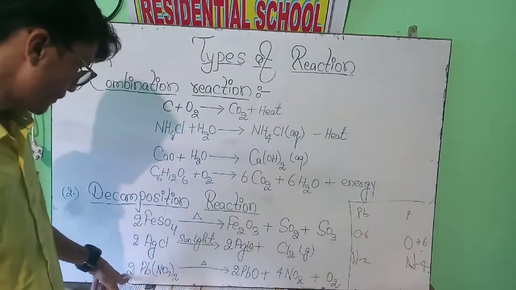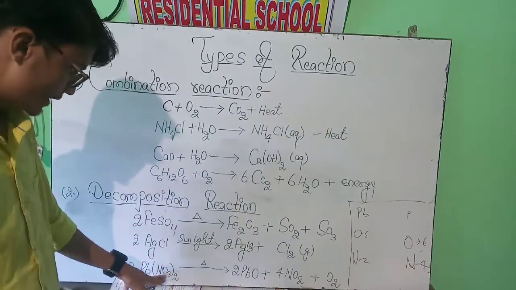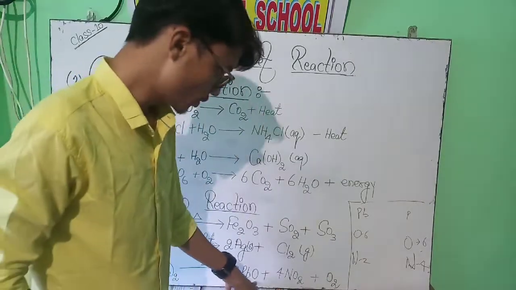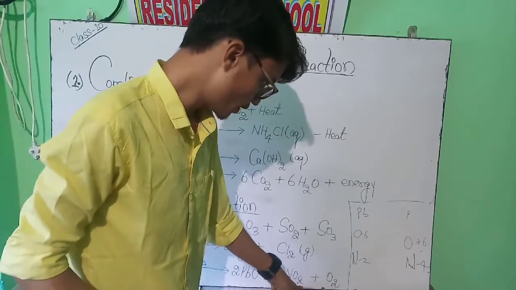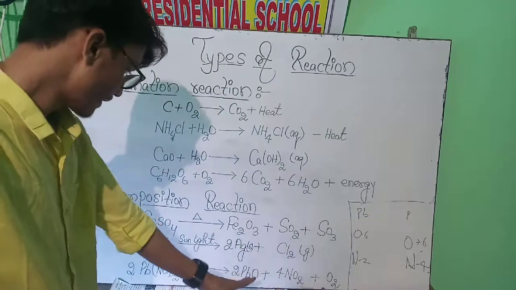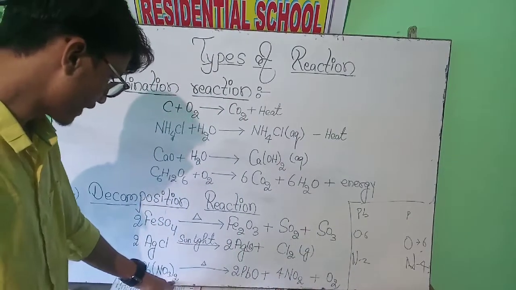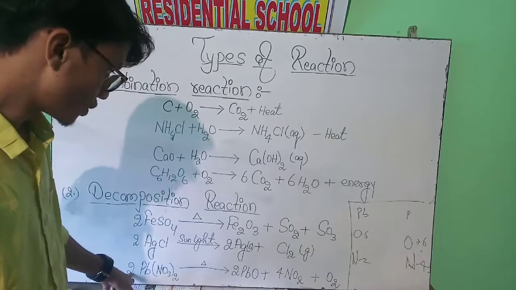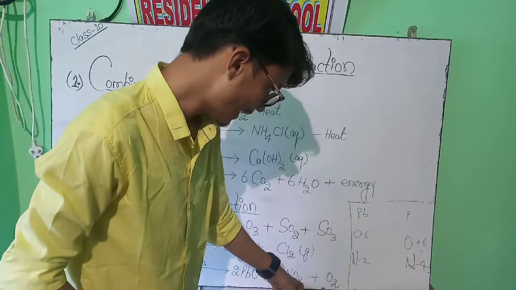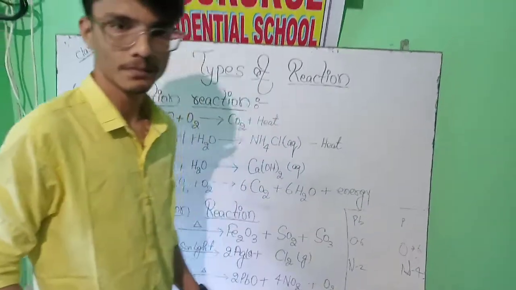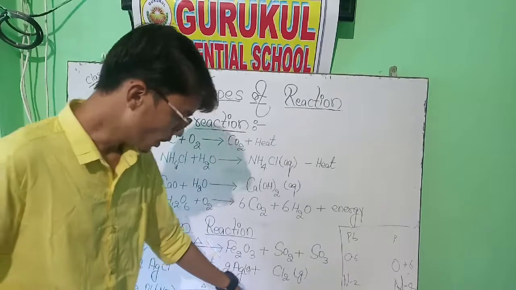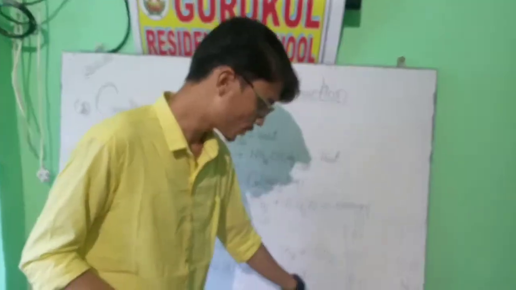Now count for the oxygen. On the reactant side, total oxygen is 3 into 2, 6, into 2, 12 oxygen. On the product side, 2 plus 8, 10 plus 2, 12 oxygen.